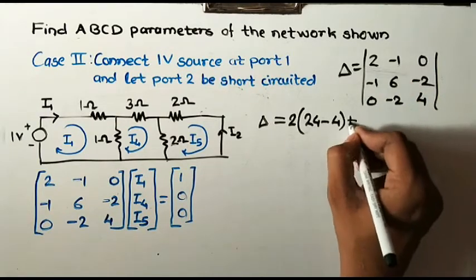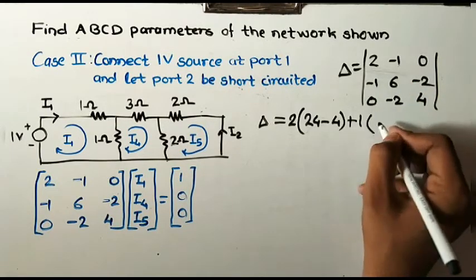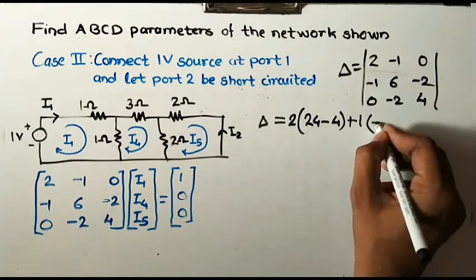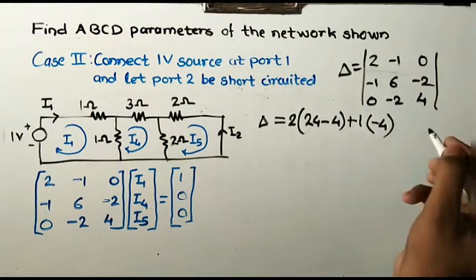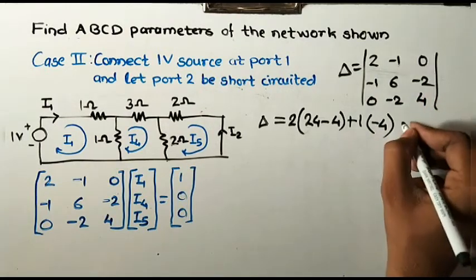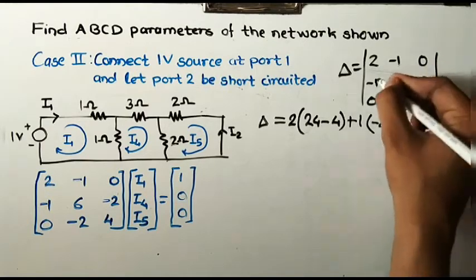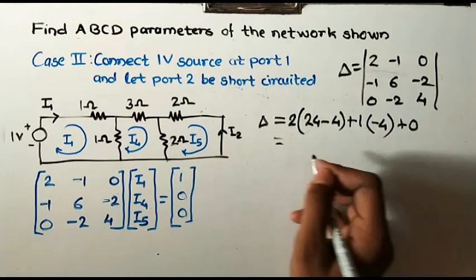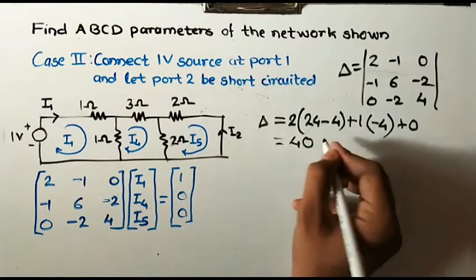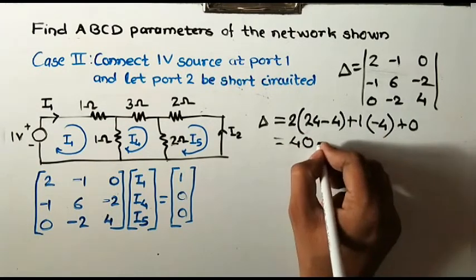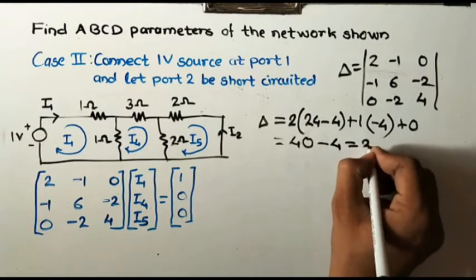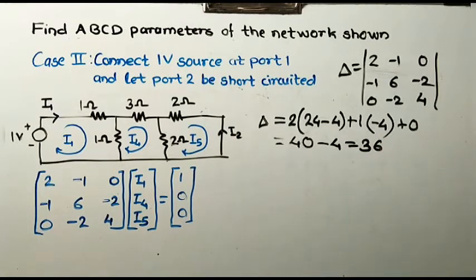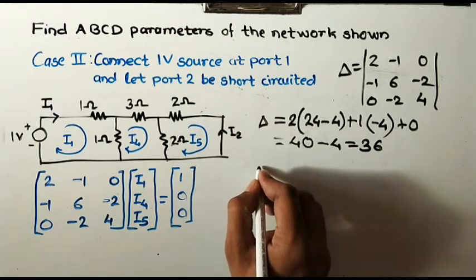Then minus times minus will be plus 1 into this multiplication, which is minus 4 and 0, so it will be minus 4. Plus 0 will be there, 0 multiplied by anything will be 0. So after solving that, you will get delta as 40 minus 4, that is 36. This is the value of delta.